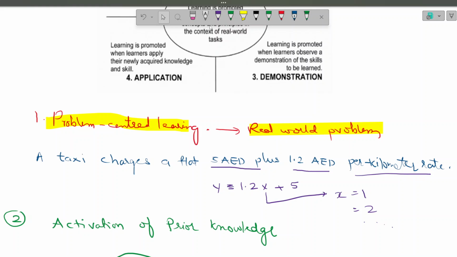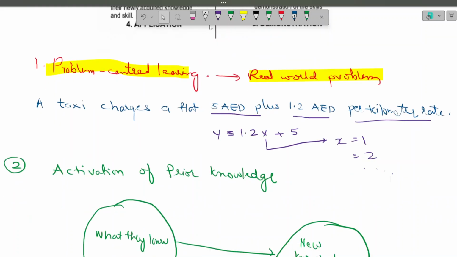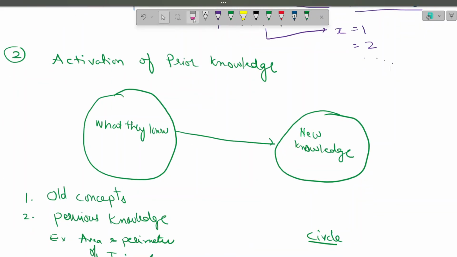Next comes activation of prior knowledge. Activation of prior knowledge means what they have learned, what they know. From what they know, they have to connect the new knowledge to it, so known to unknown, then unknown to known.